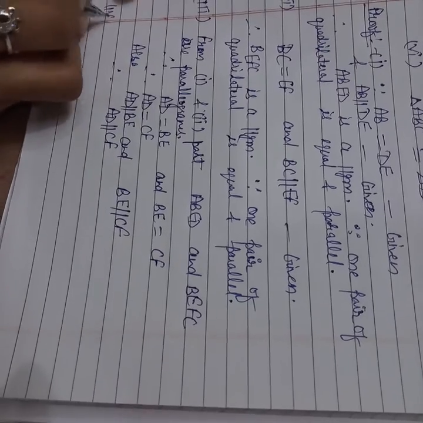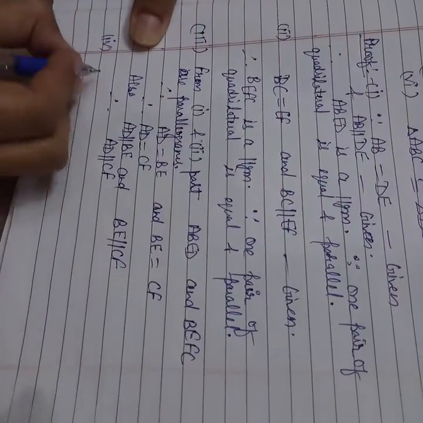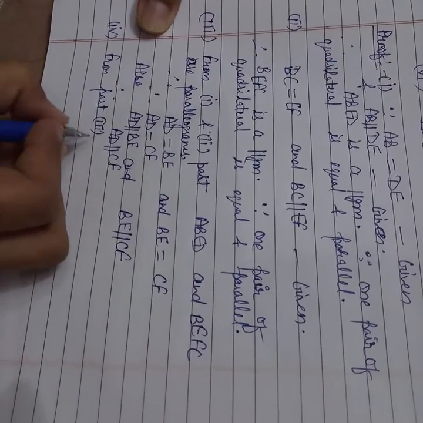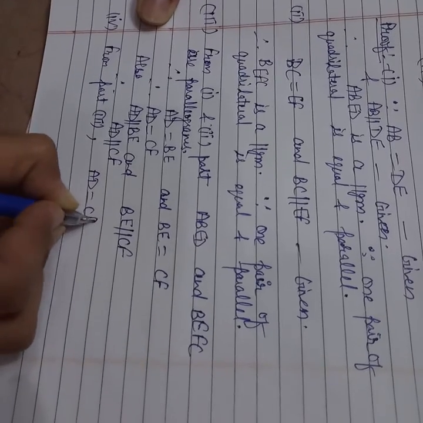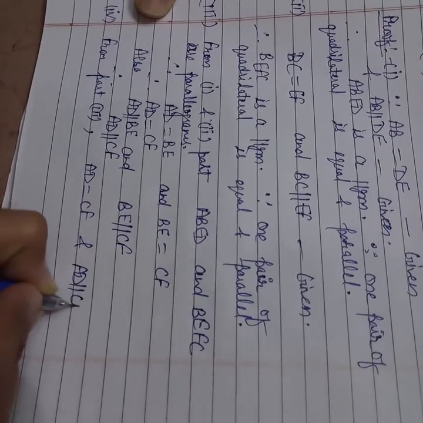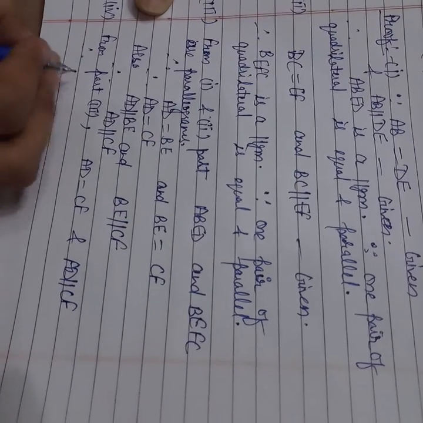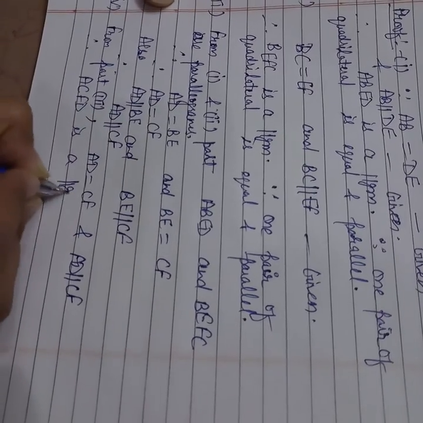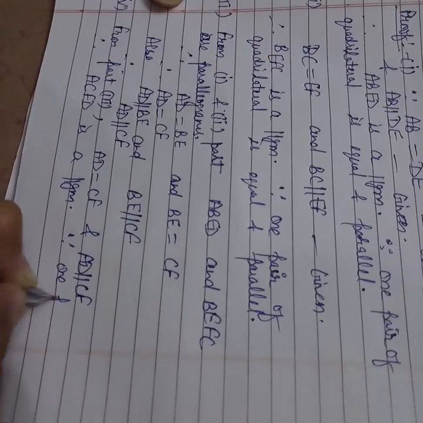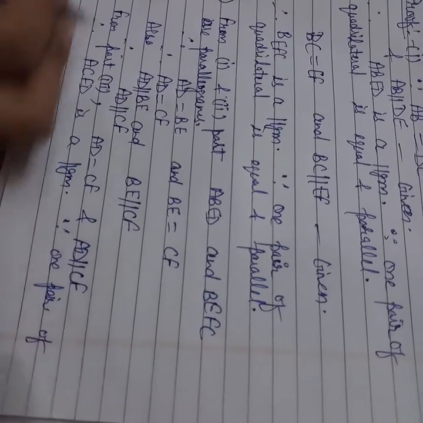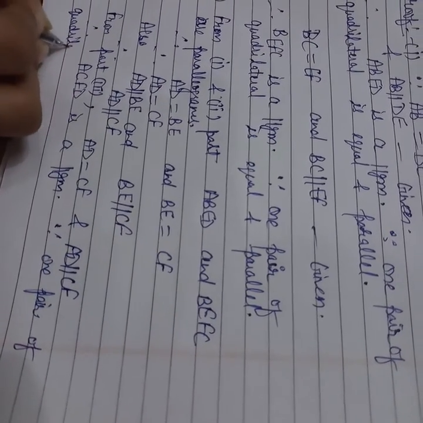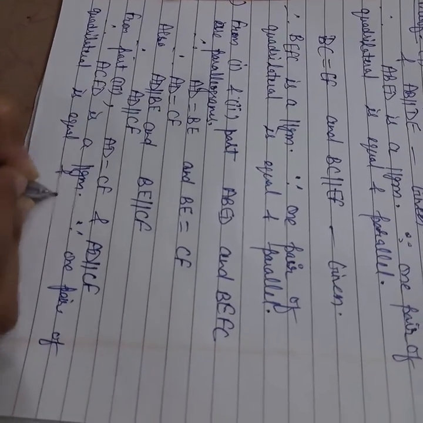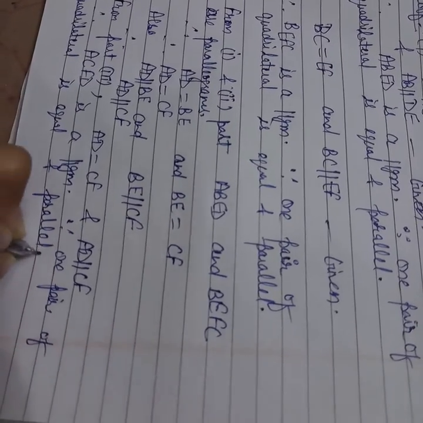Now in fourth part, from part third, we have proved AD equals to CF and AD parallel to CF. Therefore ACFD is a parallelogram because one pair of opposite sides of the quadrilateral is equal and parallel.